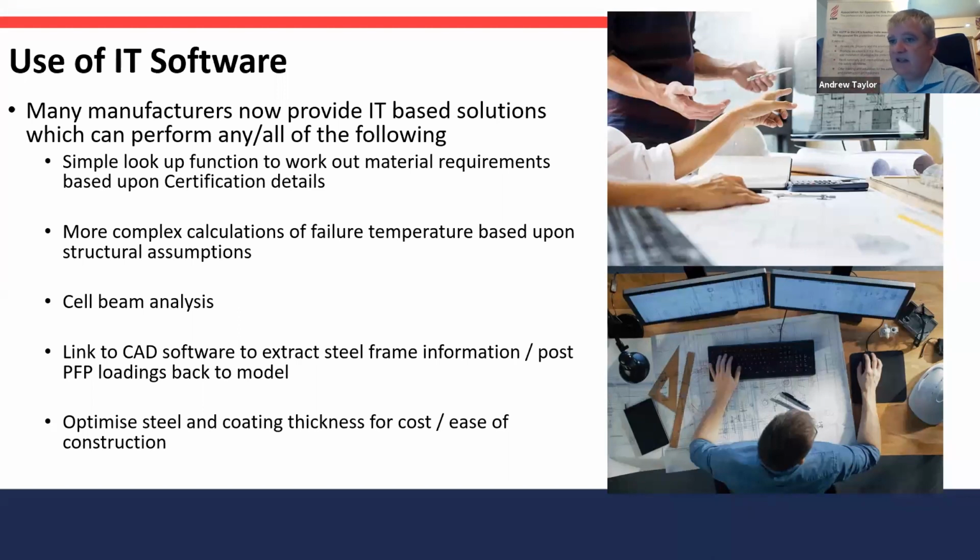And there's even at least one system out there, if not more, that will actually look at your coating and your steel thickness and optimize it for cost or ease of construction. So that's the sort of thing that's being discussed, and I'm sure this is an area where we'll continue to see developments and interesting things going forwards.